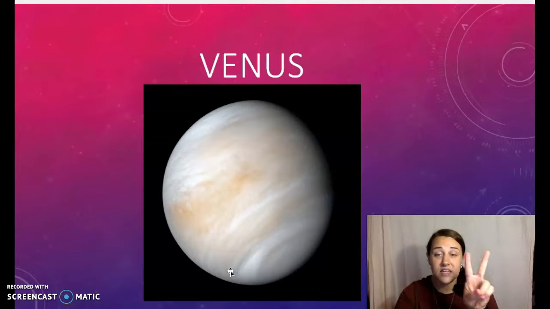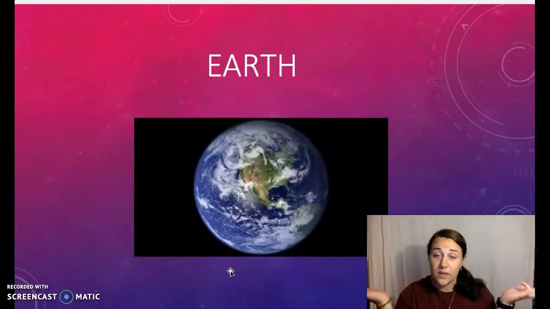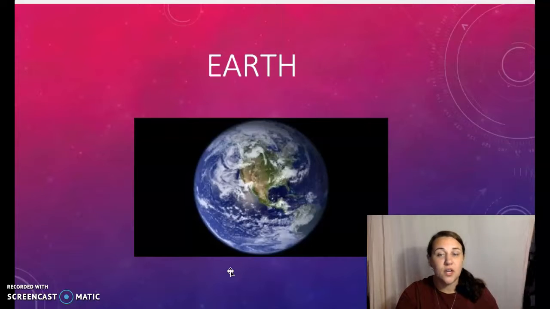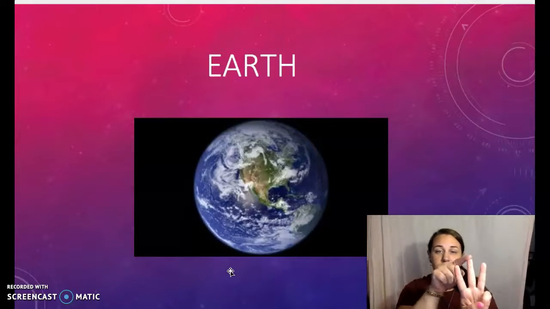This is the second closest planet to the sun. So it's Mercury, then Venus. Then we have Earth, where we live. Everybody say Earth. Good. Earth. This is the third closest planet to the sun. So we have Mercury, Venus, Earth.